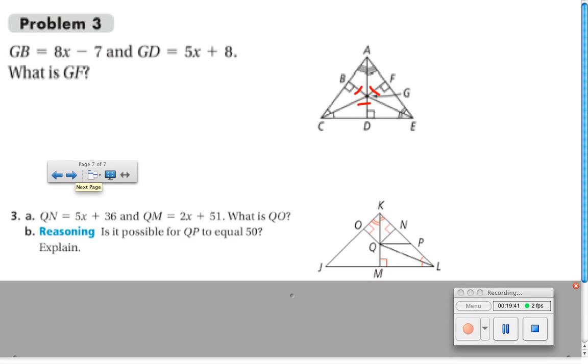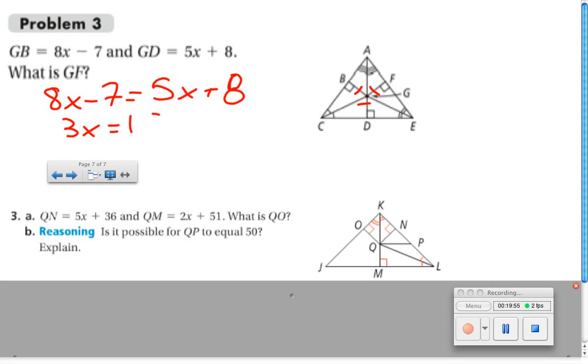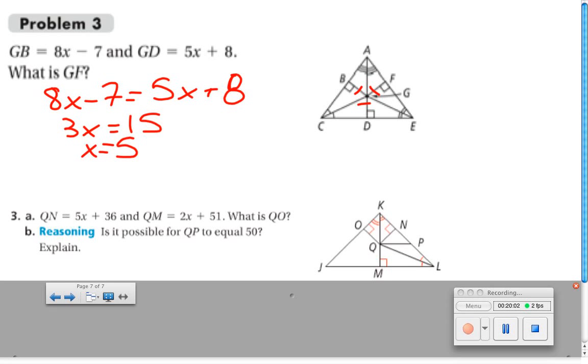Okay, so you would set up your equation as 8x minus 7 equals 5x plus 8. Just like you did in yesterday's lesson. So 3x equals 15 when I subtract the 5x and add the 7. X is 5, and again, they're not asking us this time for the value of x.